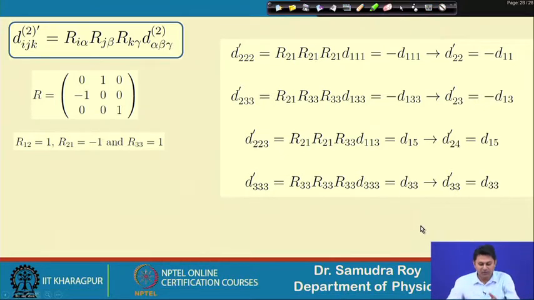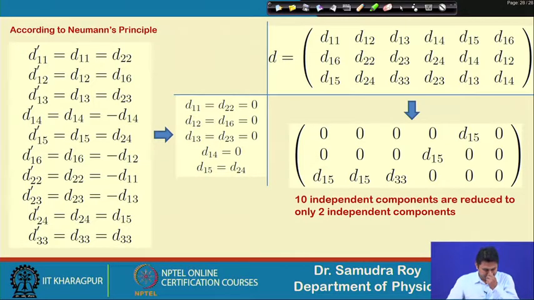So, we figured out in these last 2 slides all 10 independent components in the prime frame, that is, after operating the symmetry operation onto the system, what the form of the D matrix should be. Well, so let us now try to find out what is going on.